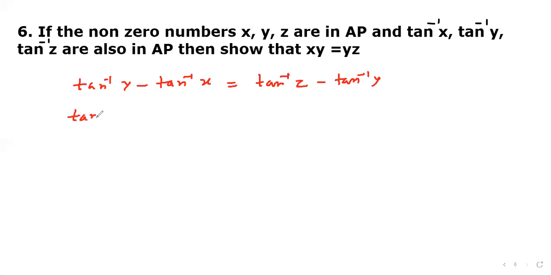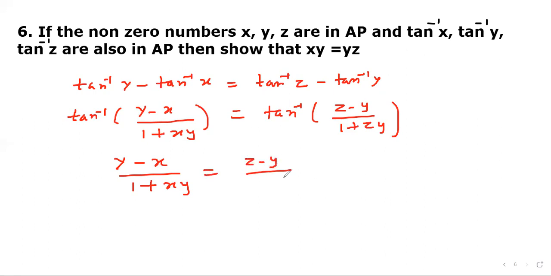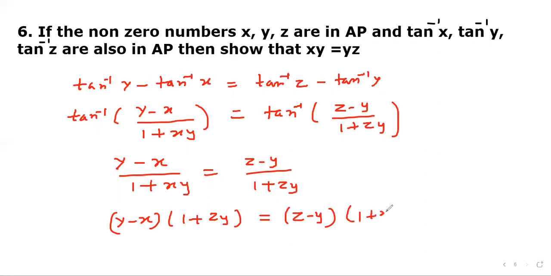So this will become tan inverse of y minus x divided by 1 plus xy, and this will become tan inverse of z minus y divided by 1 plus zy. We can remove tan inverse from both sides, so we get y minus x divided by 1 plus xy equals z minus y divided by 1 plus zy, or y minus x times 1 plus zy equal to z minus y times 1 plus xy.